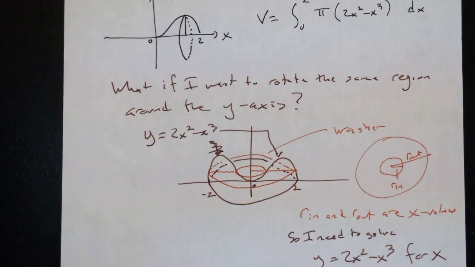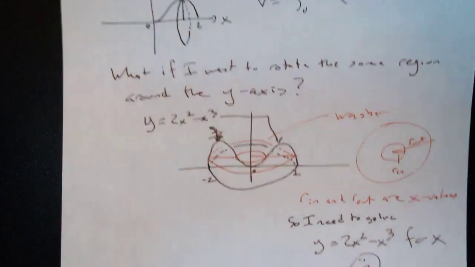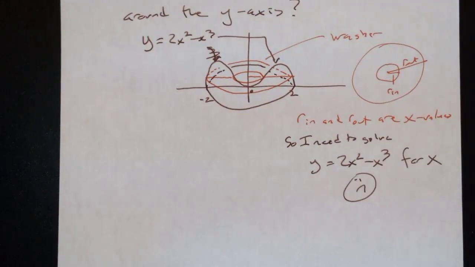I had a cut straight up and down, and I knew the height of that cut. That cut had a height that was given by the y value of the equation. And down here, we're spinning around the y-axis.